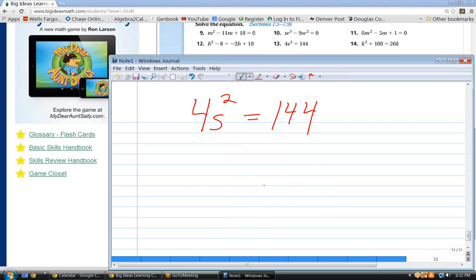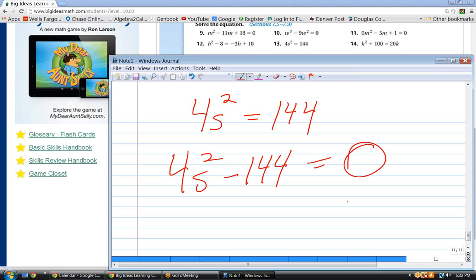It's a quadratic, so even though it doesn't have an s term, what happens if I do this? Now what's it called? Difference of perfect squares. Yeah, because this is a perfect square. What's the square root of that? Just s squared.